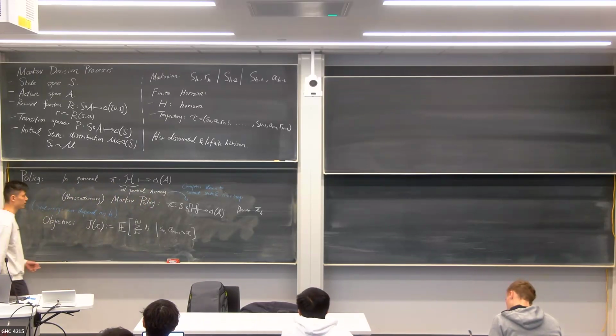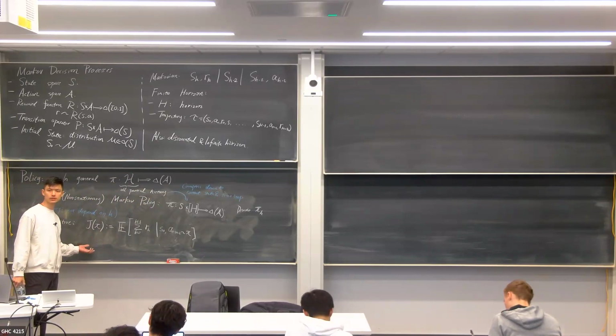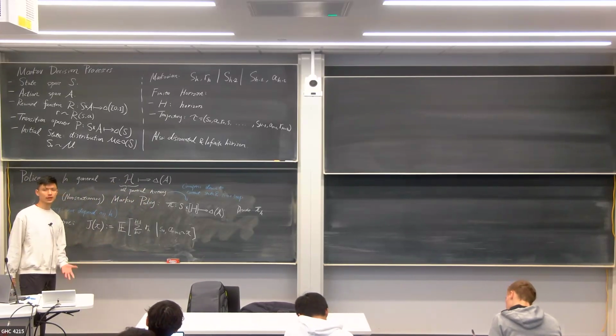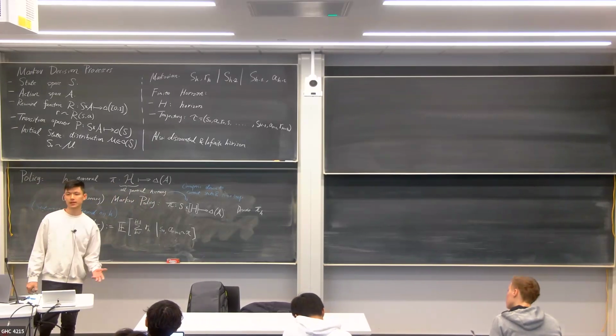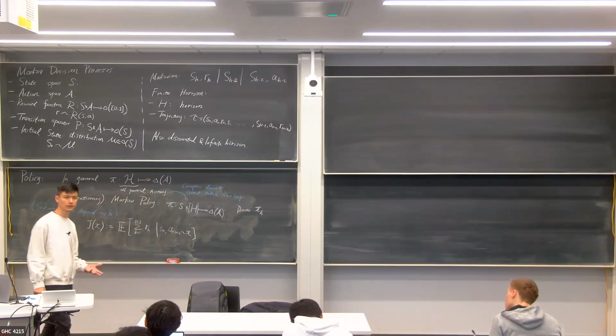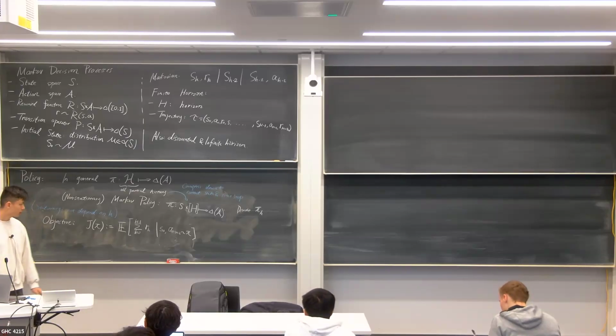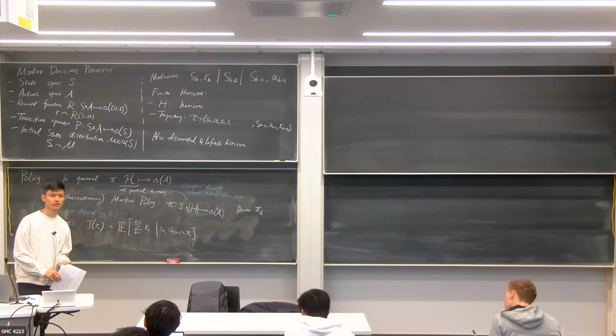So how do we optimize this? This is a very general formulation. Suppose you live before Bellman, what will be the first thing you think of for solving this? What would be a brute force way to solve this?